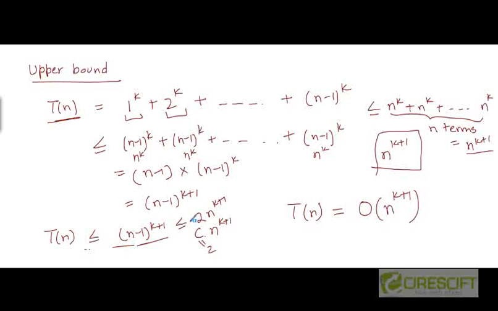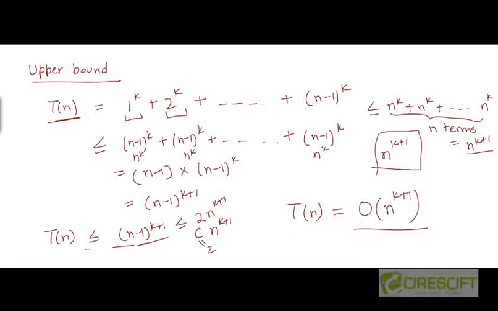Again, it's not hard to prove this, but it's definitely easier to create as simple a modified series as you can. And the simplest possible modified series is just having a series of n terms, each being n to the power k, because then that directly allows us to say that T of n is bounded from above by n to the power k plus 1, which makes that an upper bound on T of n.